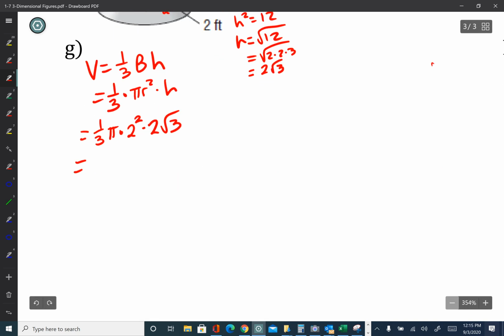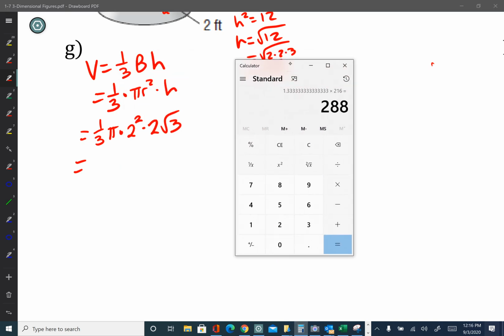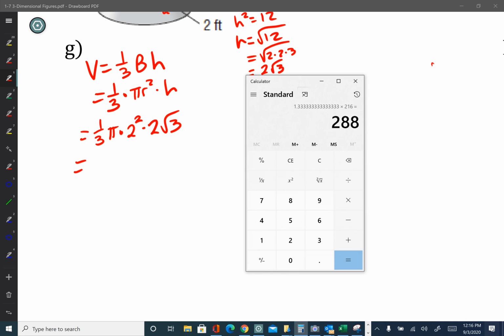So what do we get? This one we're just gonna approximate, okay? So we get 1 divided by 3 times 2 squared, which is 4, times 2 root 3, equals 4.6.